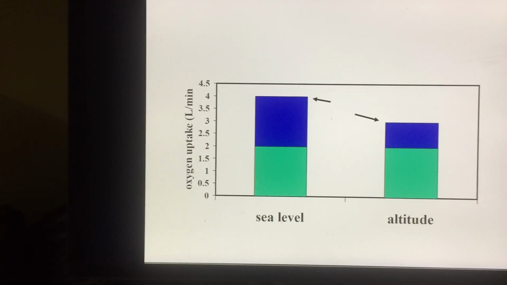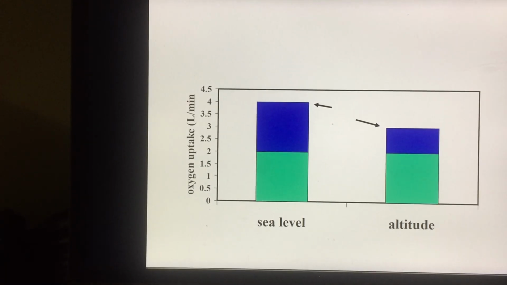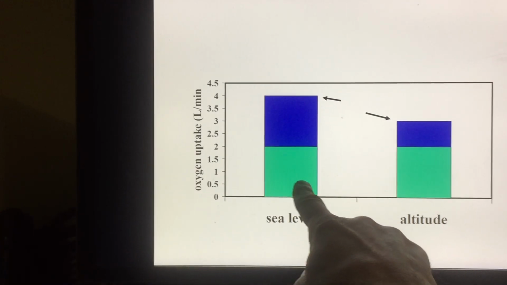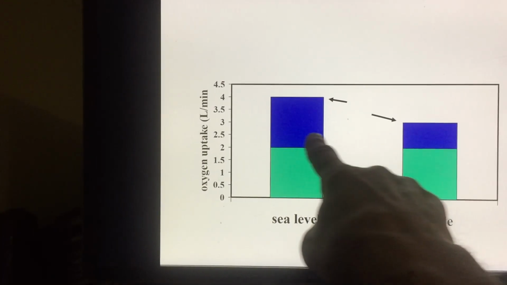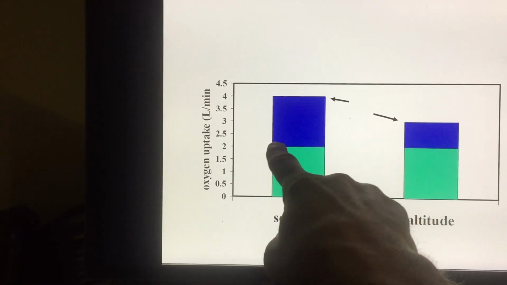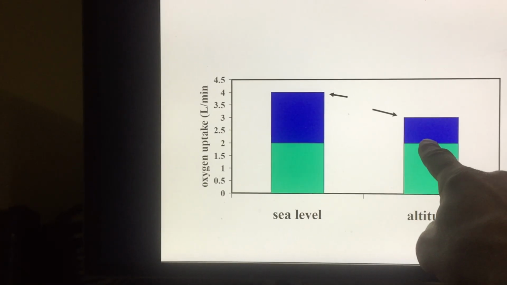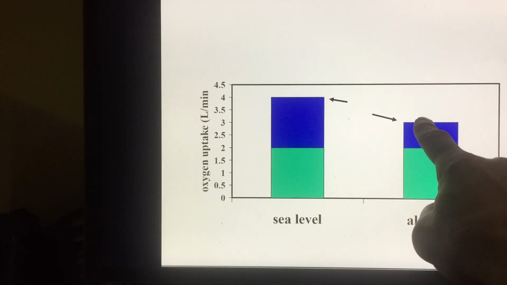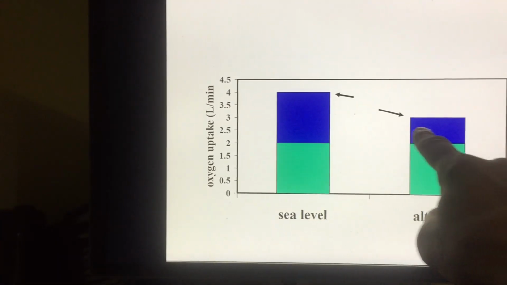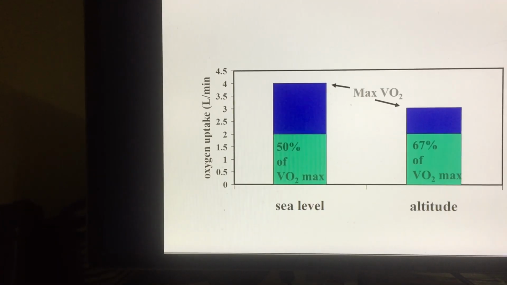And the reason why work at altitude feels more difficult, you can see the green represents the same VO2 at a submaximal work rate at sea level and altitude, but your VO2 max is dramatically decreased at altitude.